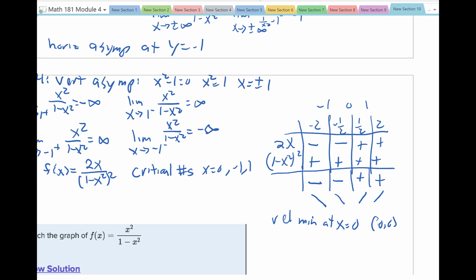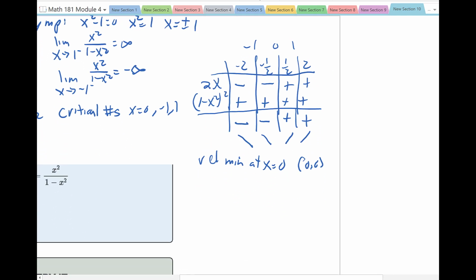And let's go on to step 6. Step 6 says we get the second derivative, f double prime of x. So we're looking for concavity. And that's going to be (6x squared plus 2) over (1 minus x squared) cubed.